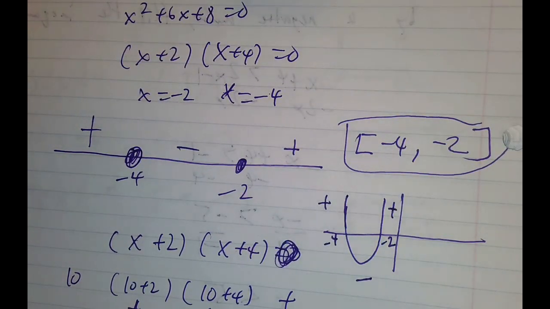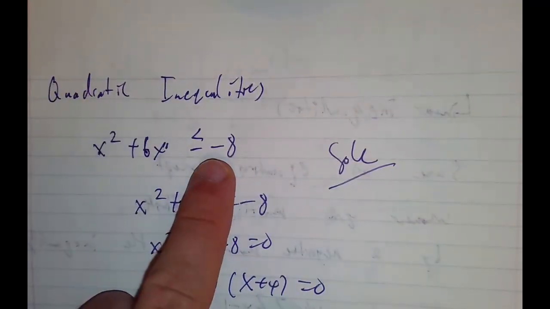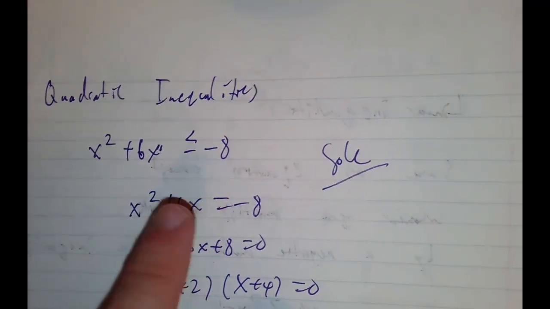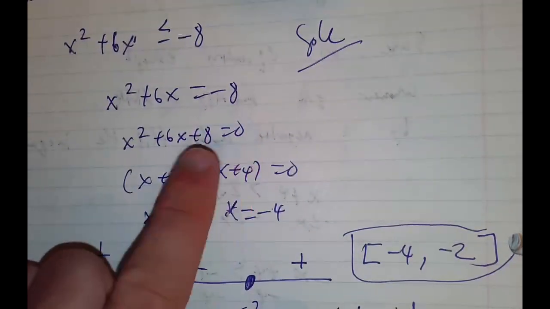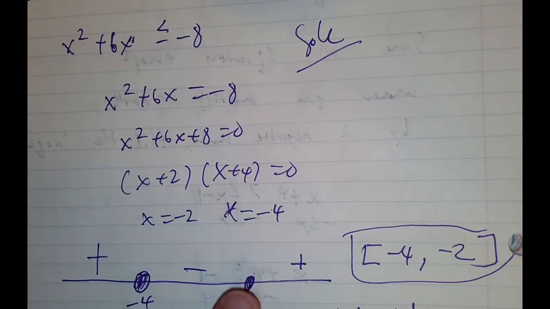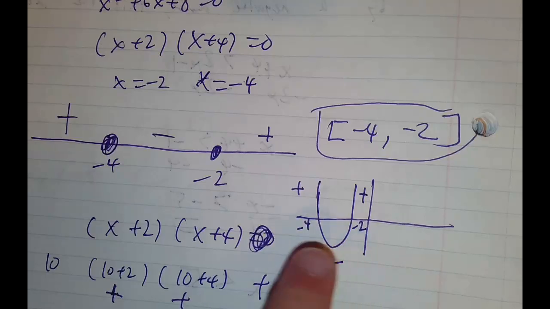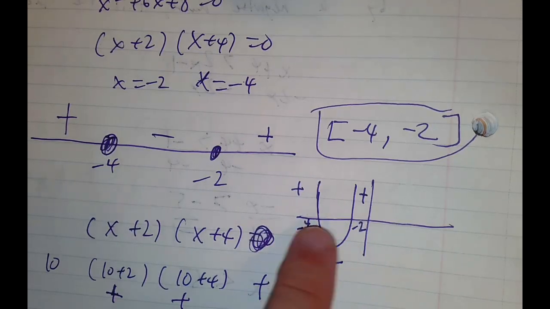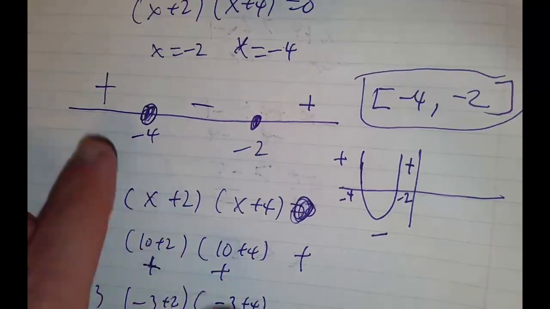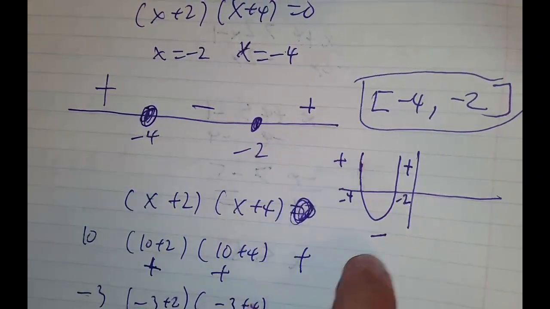So that's when it is, when we think of the original equation, that's when it's less than or equal to -8. Because we set it equal to 0, we solved for the points, we got these 2 points, right? We basically found where it equaled -8, if that makes sense. And then we tested these points in the intervals to figure out whether it was positive or negative.